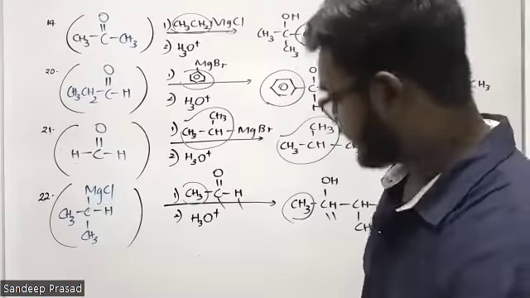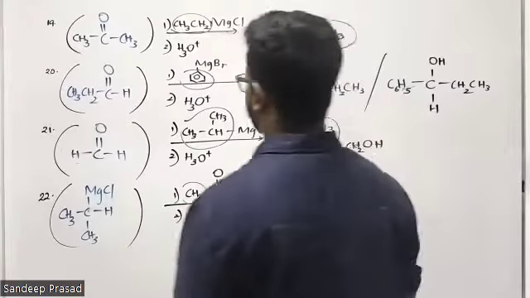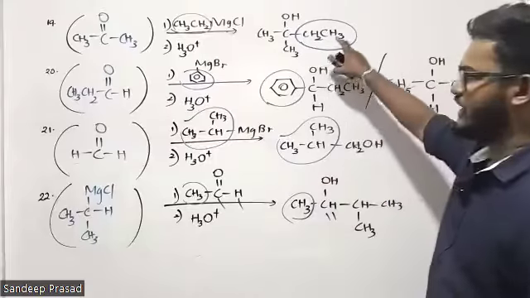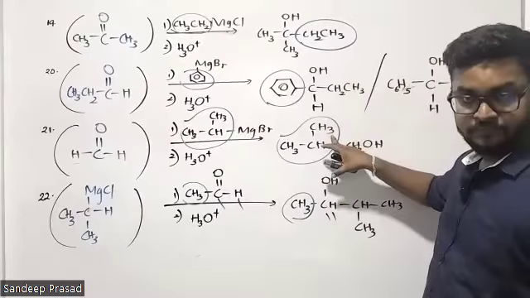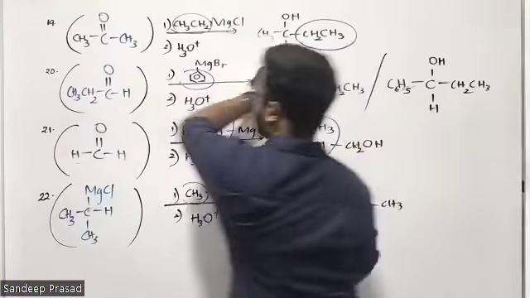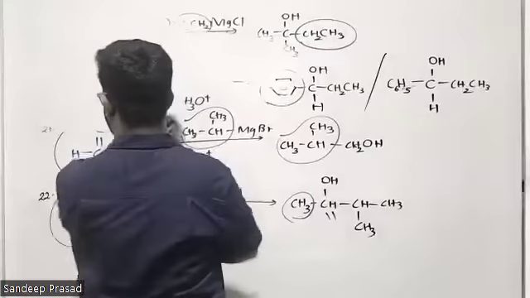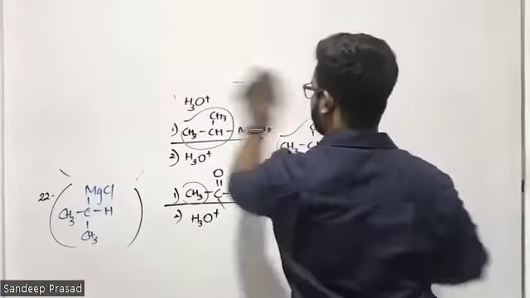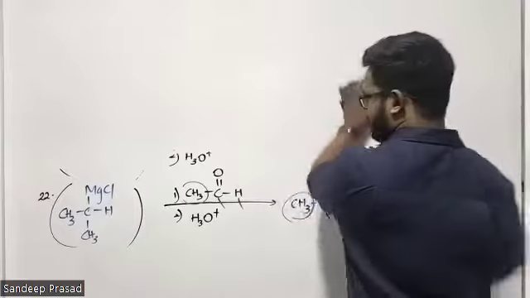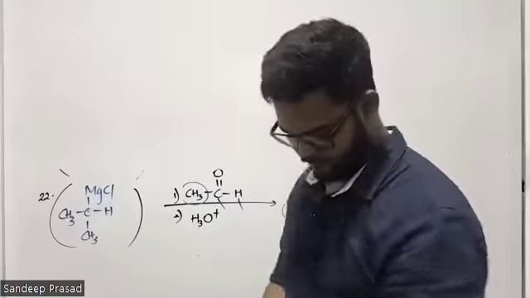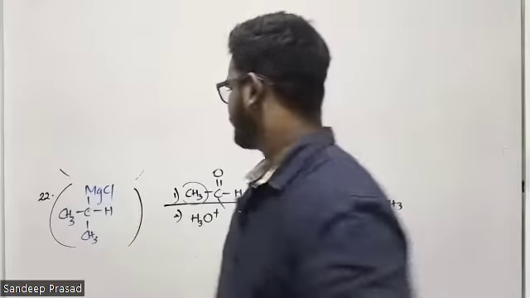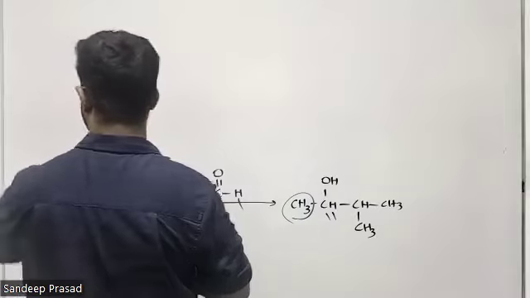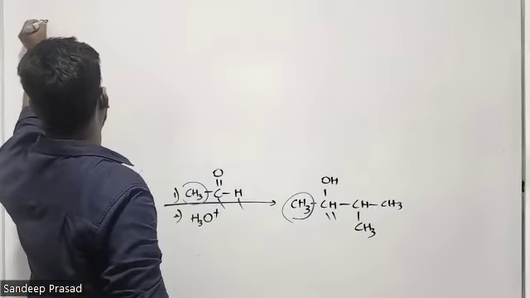Last three. Last three. Shall I erase 19, 20, 21? 23.